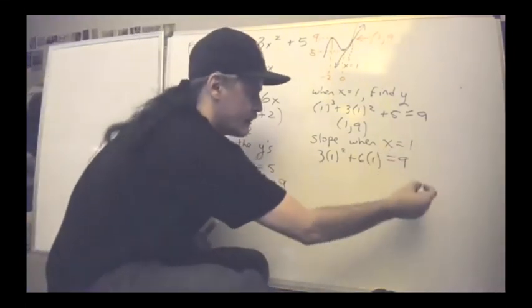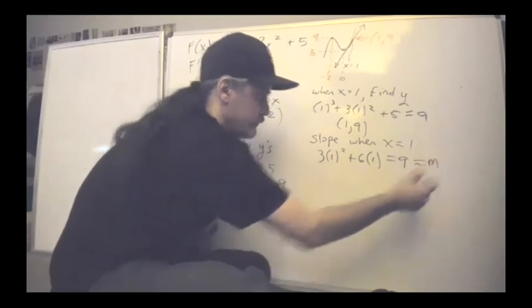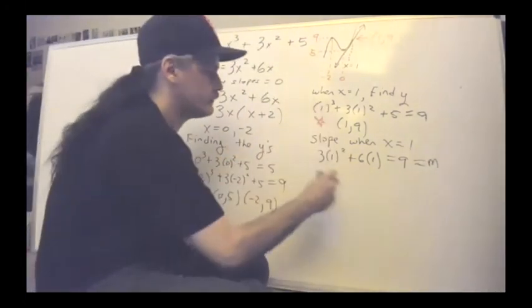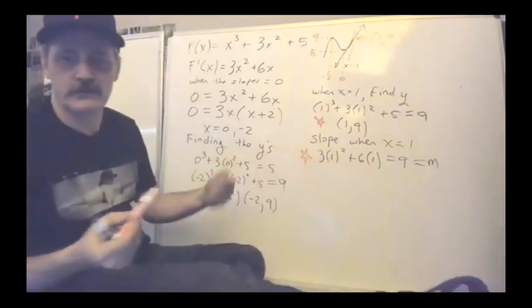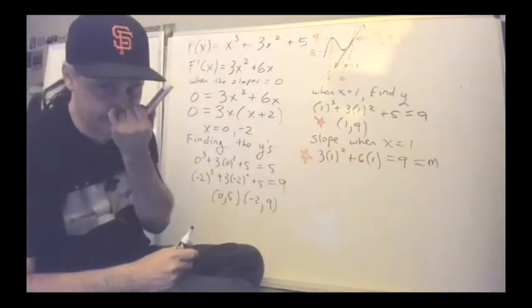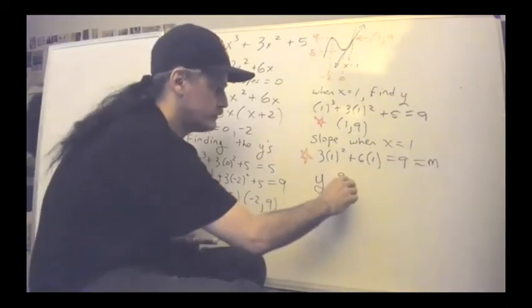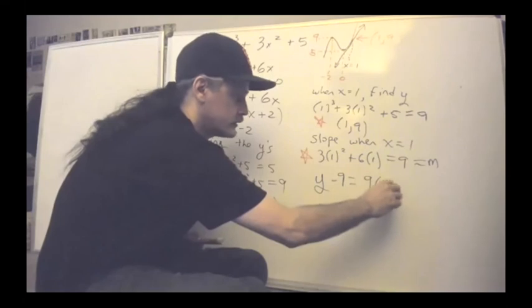All right, so slope, I'll use the letter m. And then once we do that, we have our point, we have our slope, we can get the equation of the line. So y minus 9 equals 9 times (x minus 1).